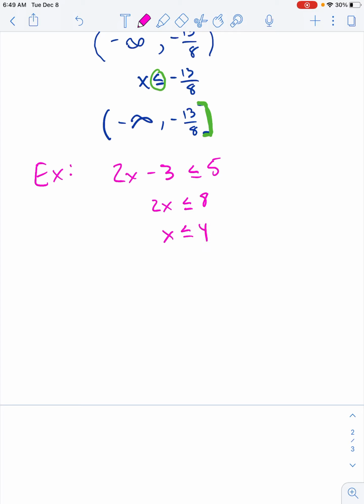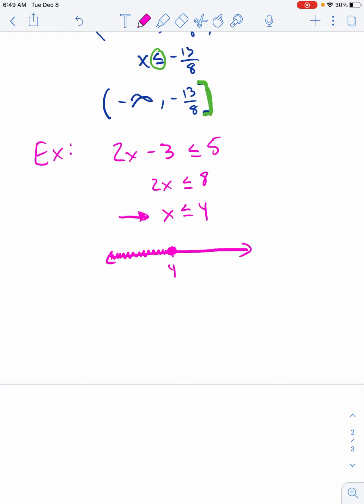Now, if I want to write this in all three ways, I've already written it as an inequality here. As a graph, I'll put my main value here, and now I'm going to look, is this going to be shaded or open? Because this is a less than or equal to sign, 4 is included in the answer. So I'm going to shade in 4, and then I'm going to shade in everything to the left. That's my graph.